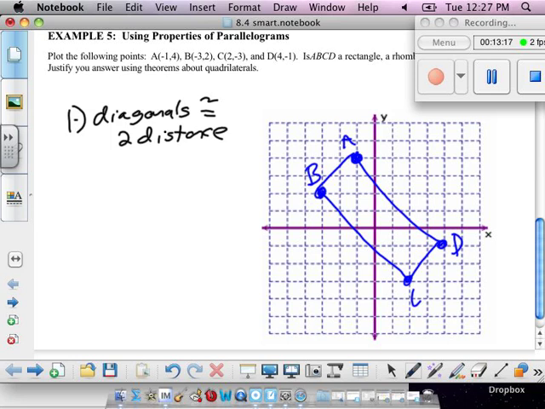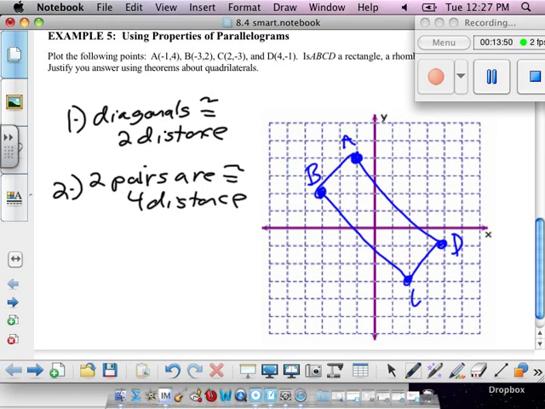So to justify it being just a rectangle, we would have to prove that two pairs of sides are congruent. How would we find out if they were congruent? What kind of formula would we use? Distance again. So we need four distance formulas.